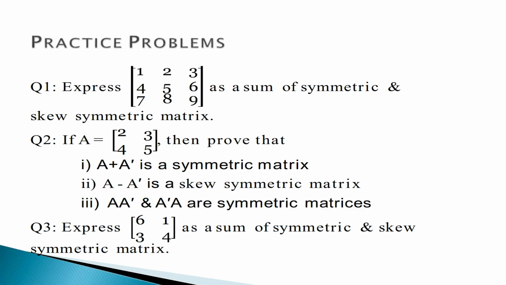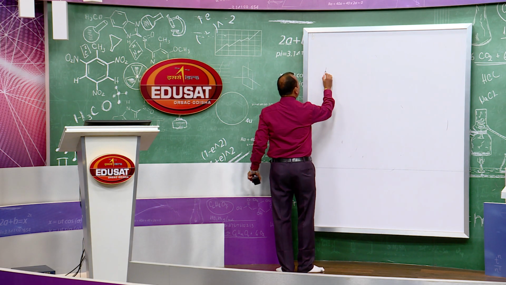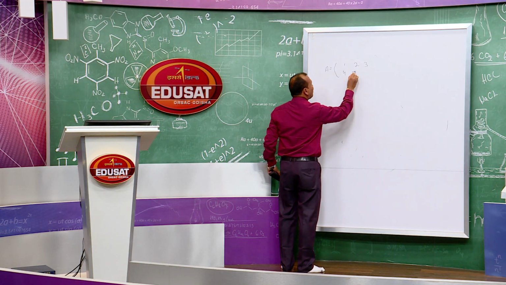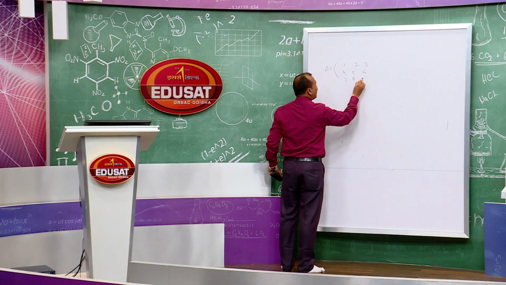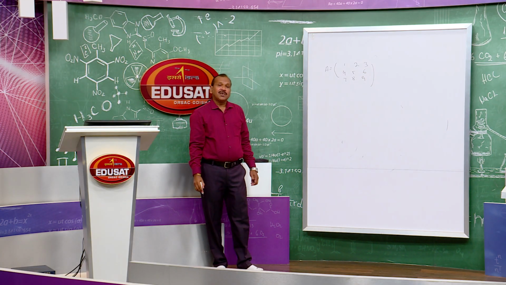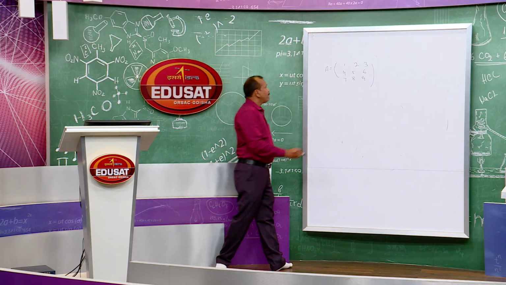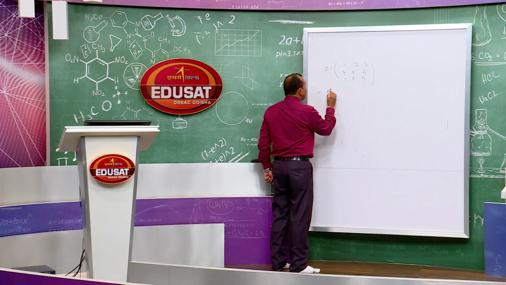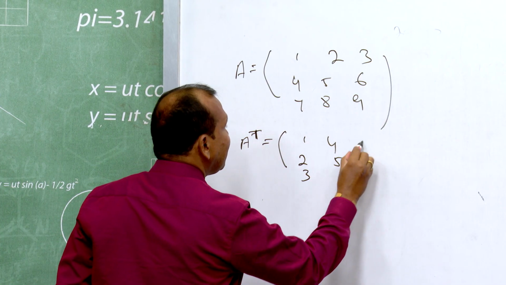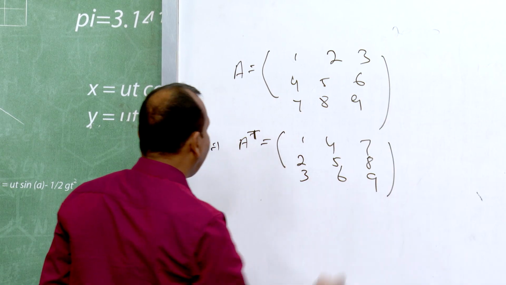A is the matrix 1, 2, 3, 4, 5, 6, 7, 8, 9. We express this matrix as a sum of symmetric and skew symmetric matrices. This implies that the transpose of A becomes 1, 4, 7, 2, 5, 8, 3, 6, 9.